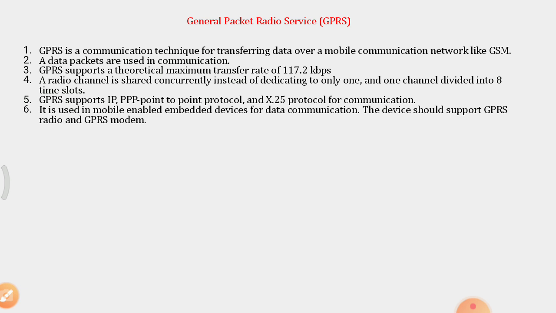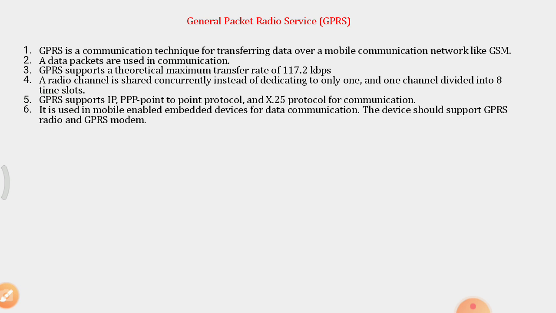For connecting to the internet, the GPRS module is switched on in mobiles, and it connects our mobile with the internet. Data packets are used in this communication. GPRS supports a theoretical maximum transfer of 117.2 kbps, but nowadays it is in terms of Mbps.